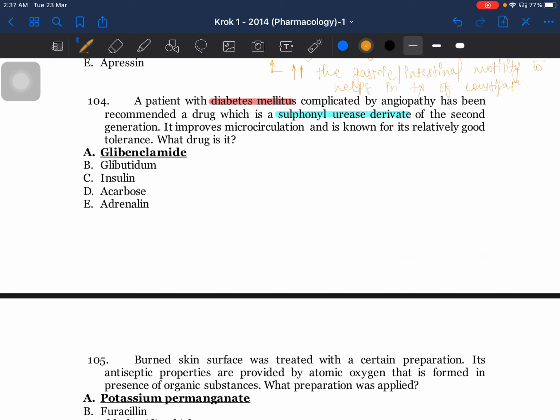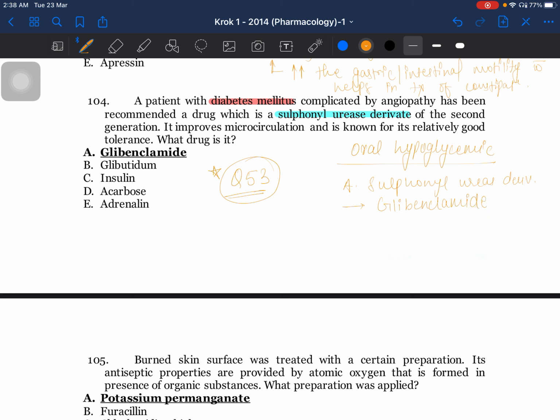For the brief explanation of this question, please refer to question number 53. Here in question number 53, we have read earlier that under the oral hypoglycemic drugs, we have a class that is sulfonylurea derivative, and in that we have a drug that is known as glibenclamide.